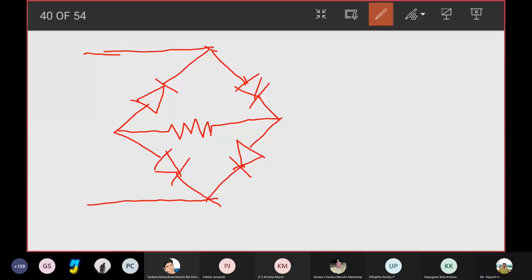So in a bridge rectifier, this is the circuit, right? Plus minus V naught. See, irrespective of whether you take the positive half cycle or the negative half cycle, two diodes will be reverse biased for any given condition, right? As in the case of the center tap full wave rectifier, I need not take the negative half cycle.